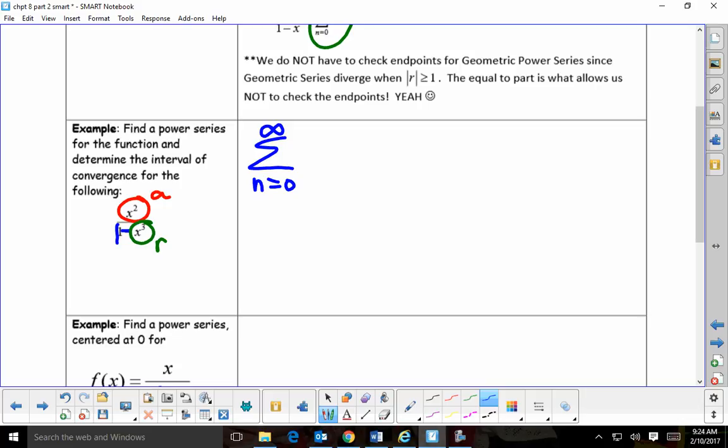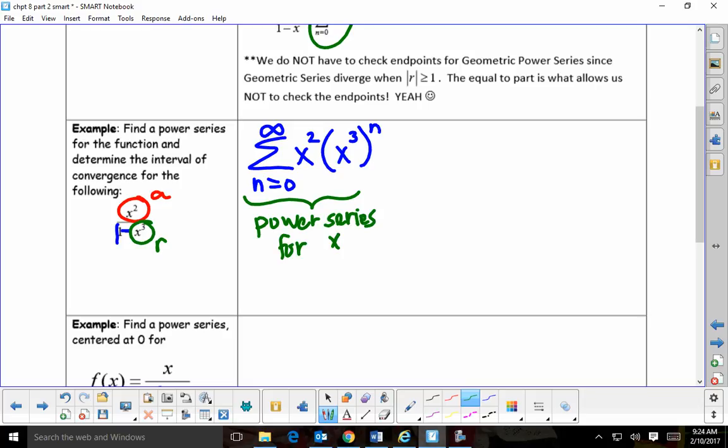My A was x squared, and my R was x cubed, and that's to the n. Is that okay? Is anybody confused about that step? So that's my power series. So that's the power series representing this function.